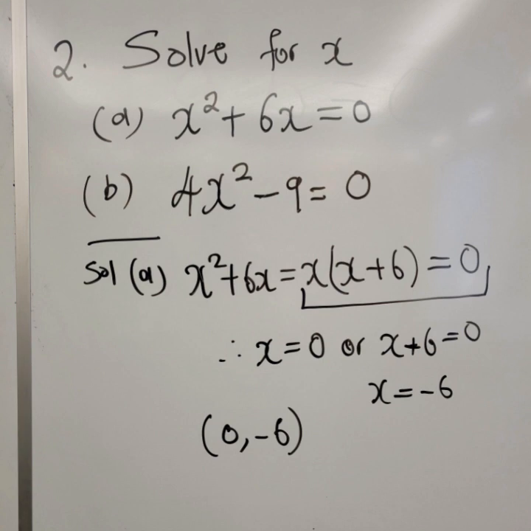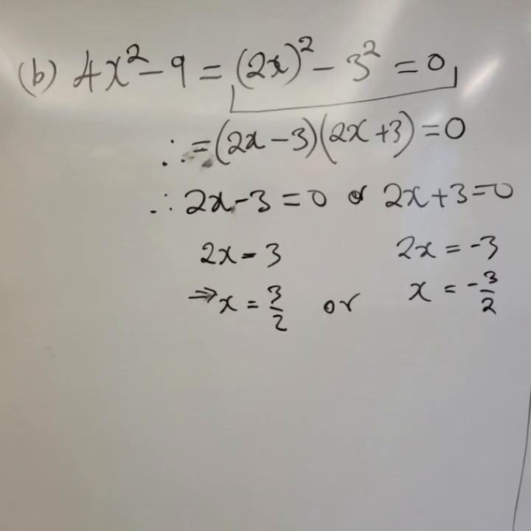So therefore, this implies x is equal to 0, or x plus 6 is equal to 0, so that x is equal to negative 6, or x is equal to 0. And sometimes you may be asked to represent your solution as a set, right? Use a comma. So this is just the same as 0, negative 6.